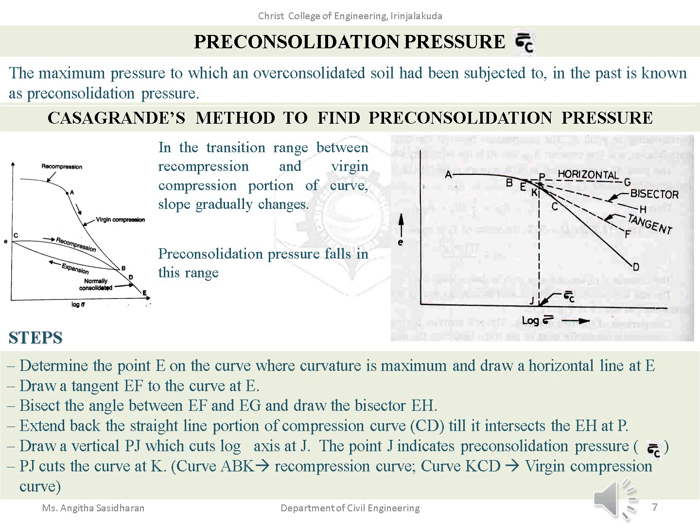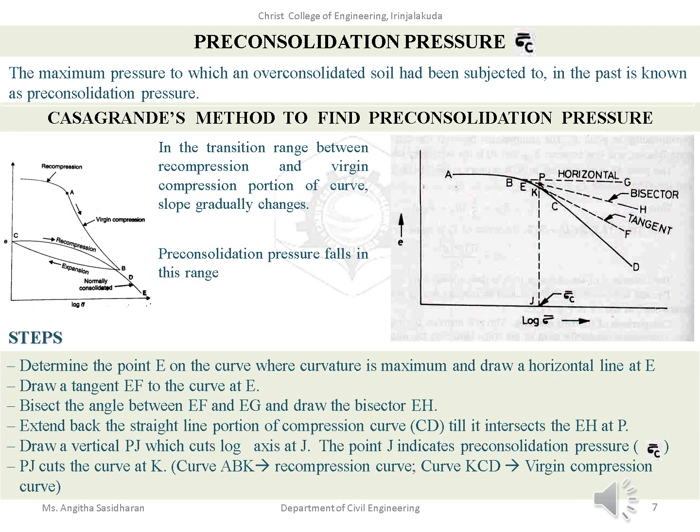If you consider the initial portion from the starting point to A, that is not even a new pressure to that soil. So it is equal to a recompression. The soil will be experiencing a recompression. So in this loading range, that soil can be considered as an over-consolidated soil.